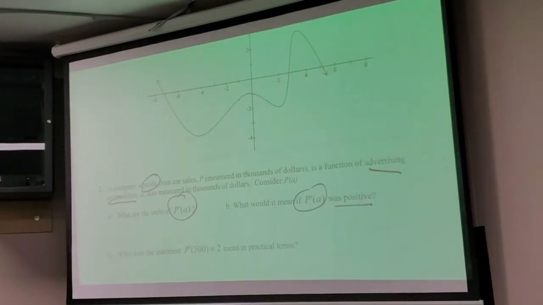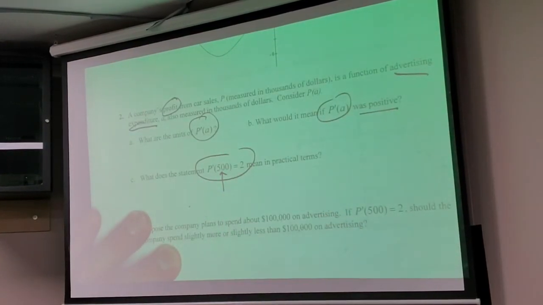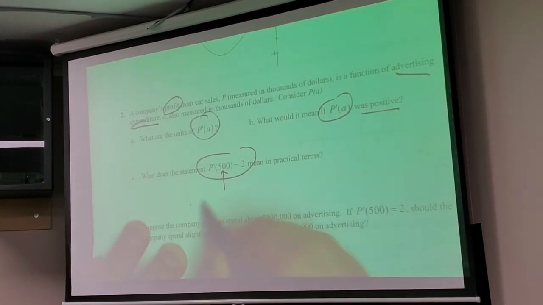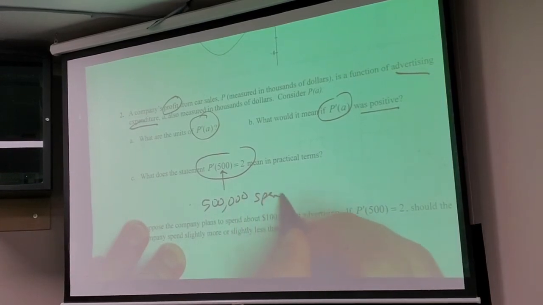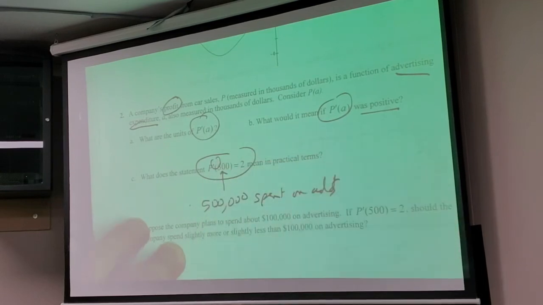Okay. What does this mean? What does the input mean? Yeah, advertising. So they spent how much money? $500,000 spent on ads. And this is a P prime, right?